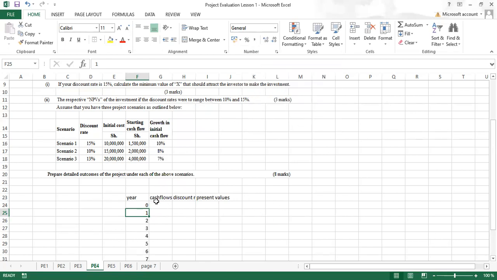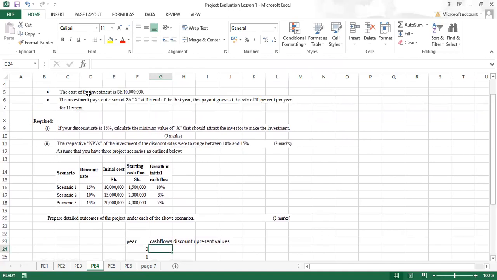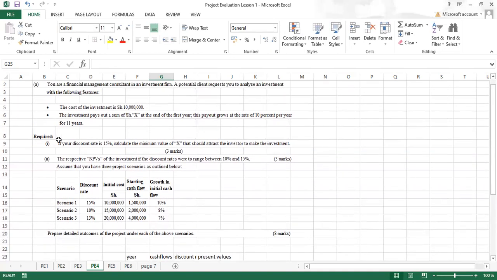You come to cash flow. So year zero, not first year. Year zero, it's an investment of 10 million. Cost of investment is 10 million. So the investment is an outflow. And you'll be told if your discount rate is 15%.